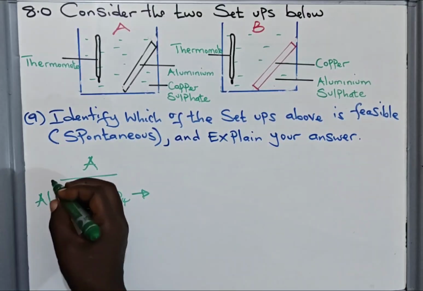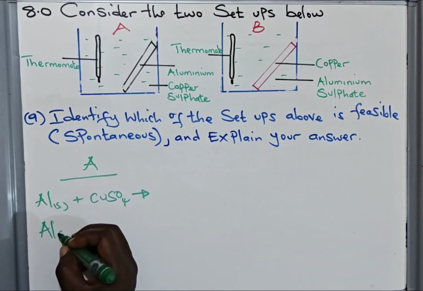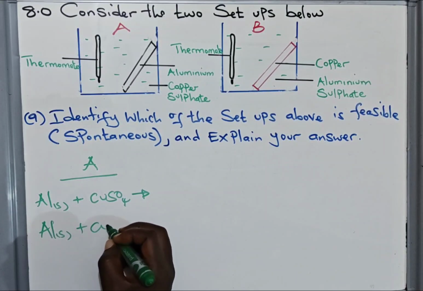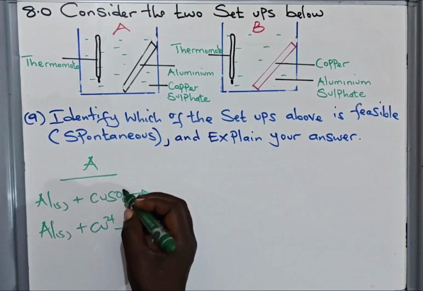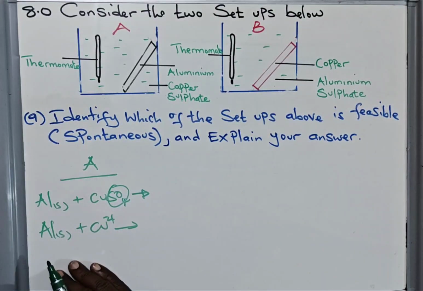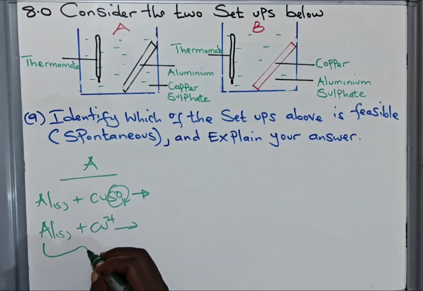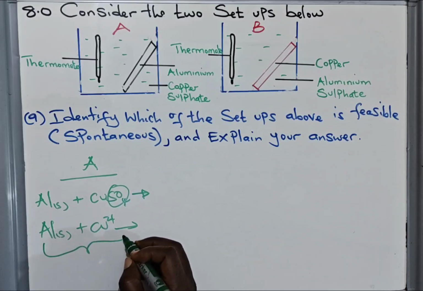In other words, we have aluminium solid combining with copper 2 ions, because sulfates are spectators. This is the reaction we are observing.